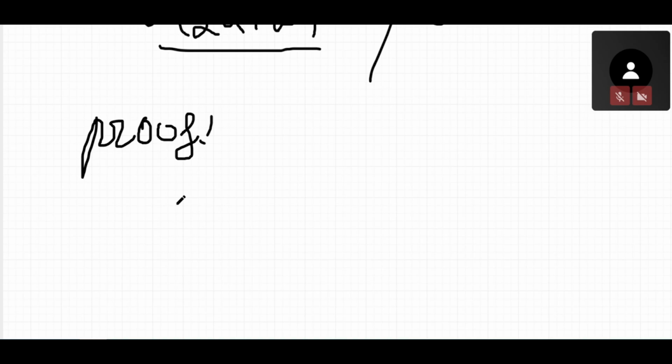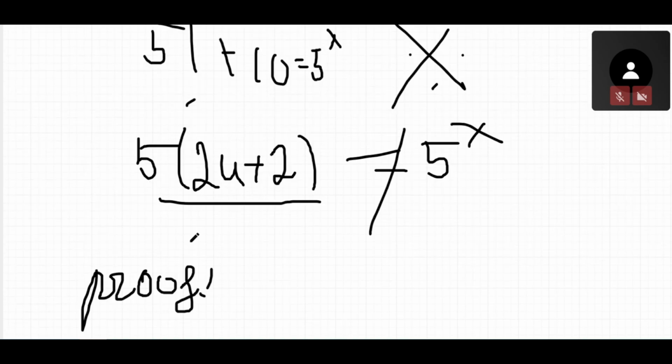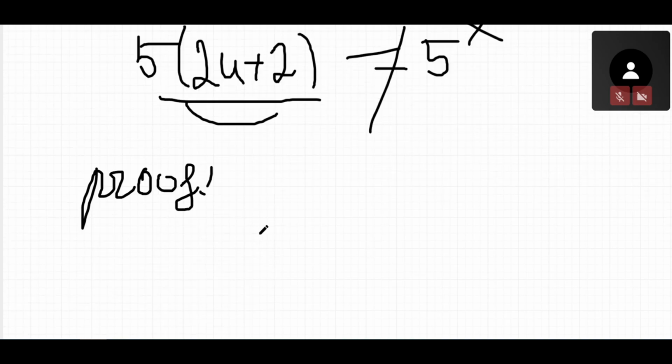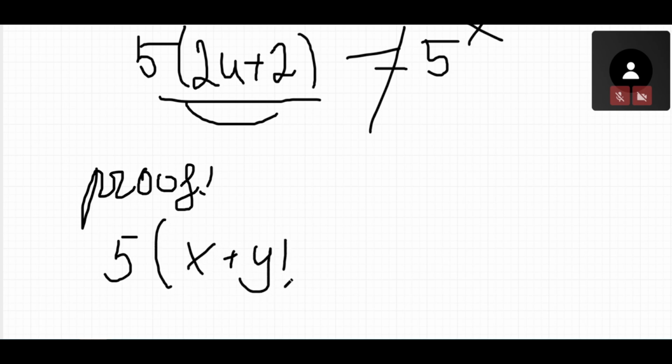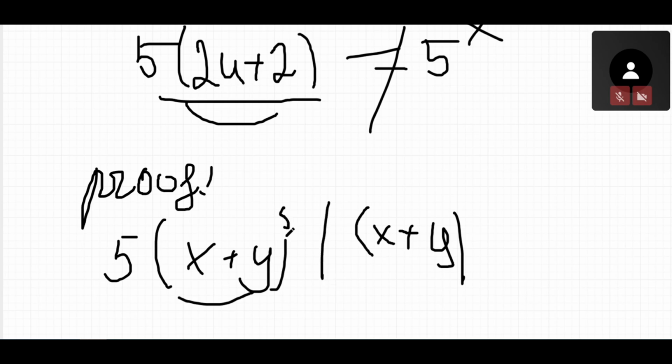If we want to get all 5s, this part also needs to be, for example, if I write 5 plus x plus y, this sum needs to be divisible by 5. This sum needs to be divisible by 5.